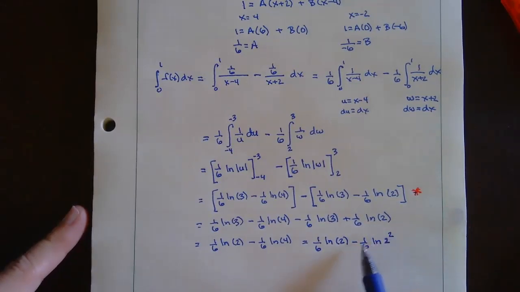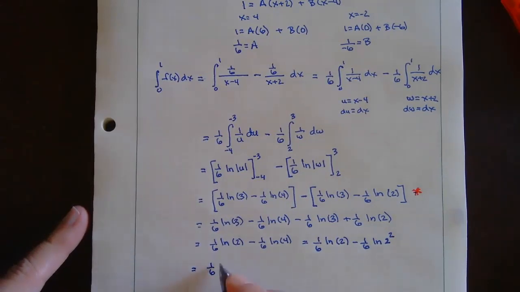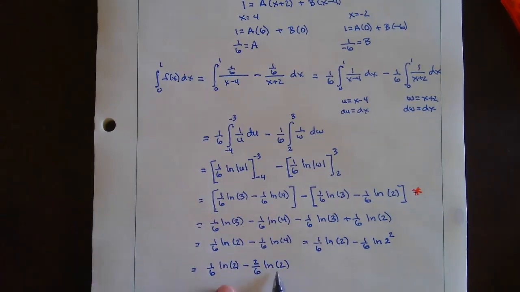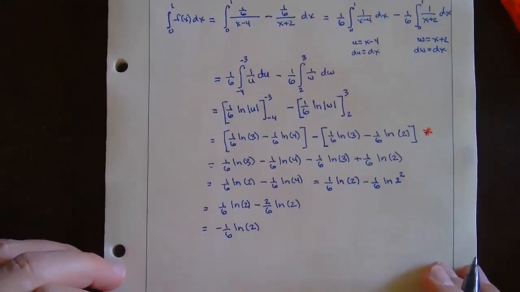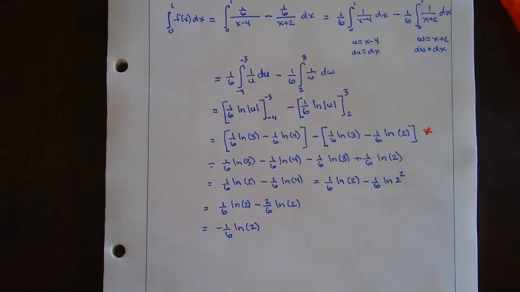Now that square can come down, so this would be 1/6 the natural log of 2 minus 1/6 times 2, which is 2/6, the natural log of 2. And now you have natural log of 2, so you can combine these. This would make negative 1/6 the natural log of 2, and that would be your answer. So the final simplified answer is negative 1/6 natural log of 2.